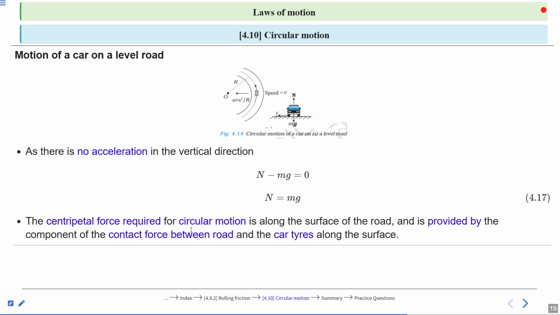So the centripetal force required for circular motion is along the surface of the road and is provided by the component of contact force between the road and the car tires along the surface. Here the contact force is the frictional force. Small f is the frictional force responsible for the circular motion of the car. Clear?